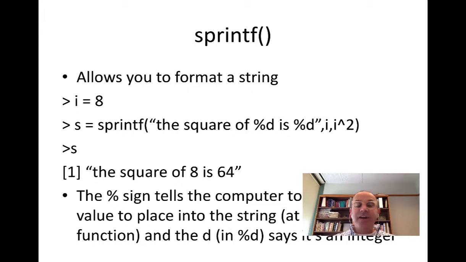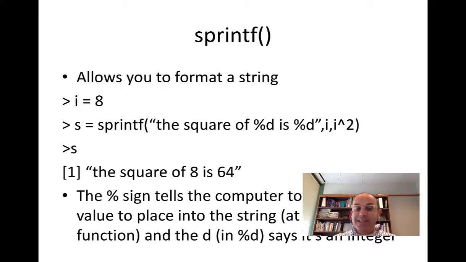sprintf is another function that allows you to format the string, and this is something that some of you already complained about. So in this case, I can apply some values. The square of %d is %d, and I'm able to add some components to it in order for me to get the sequence of 8 with regard to 64.